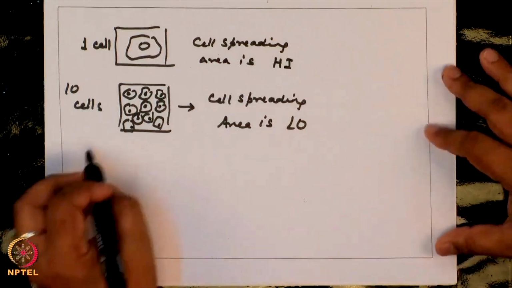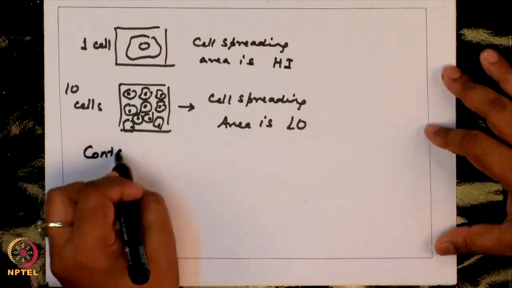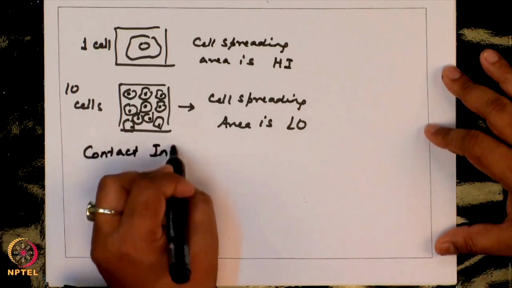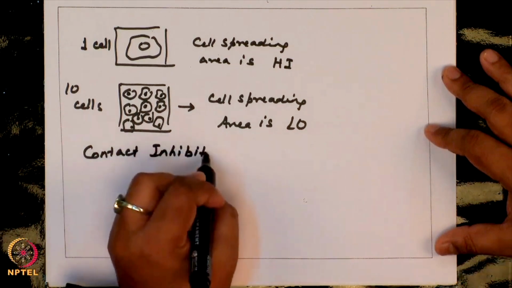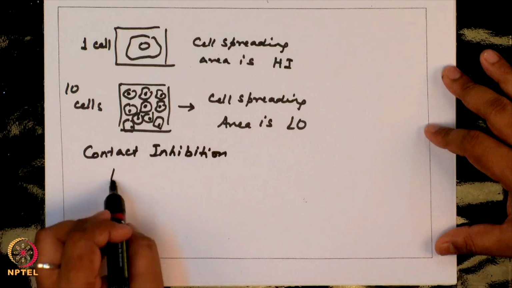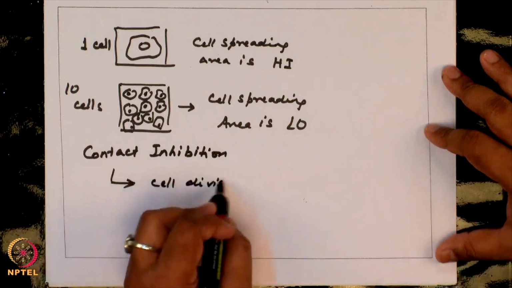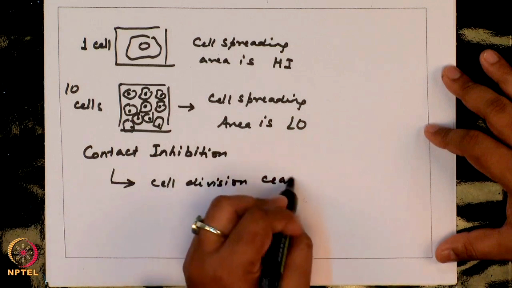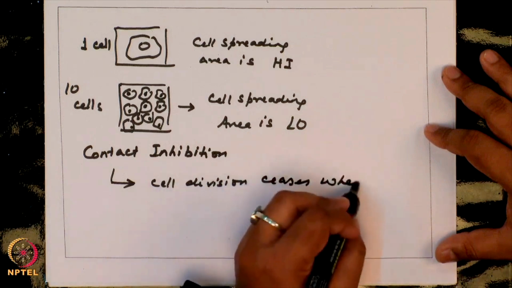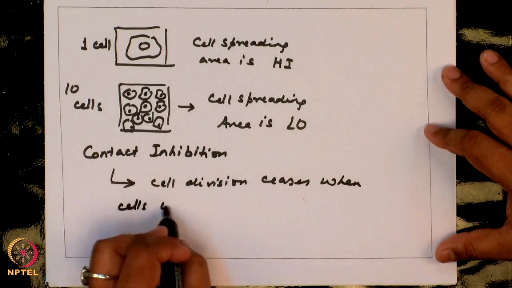Okay. Also, you have this phenomenon called contact inhibition. In this phenomenon, cell division ceases when cells contact each other.